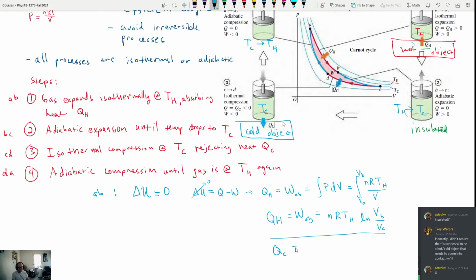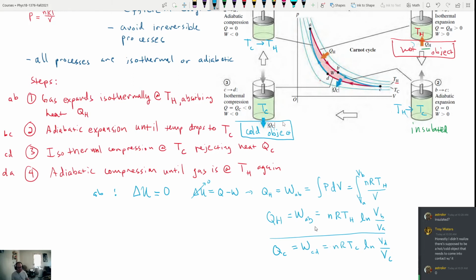So there's enough room down here, we can write it. So QC is going to be equal to the work from C to D, which should be equal to nR, and now we just put the cold temperature here, TC, and then we have the natural log of volume D over volume C. We can then take a ratio of this. Oh, I should say that this one is negative.